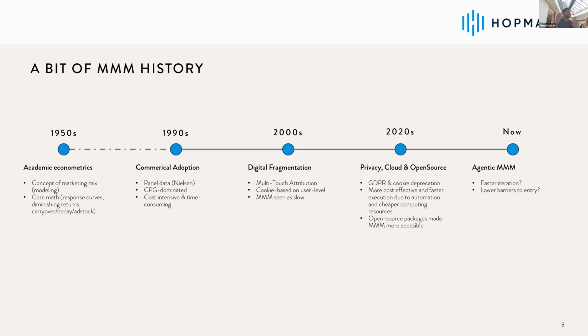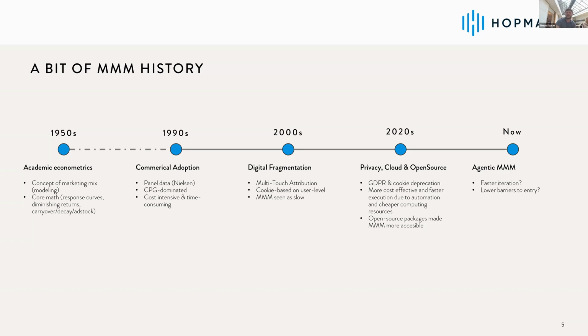It got easier to collect all these data sources that you need to process them. And the last point for this kind of renaissance is also that there are a couple of open source packages out there that you can just use to run your own models, and you don't have to buy expensive tools for that.